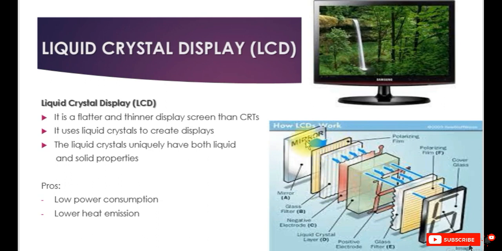So the image is created at the back here, is reflected onto this mechanism here, the liquid crystals, and further processing takes place, and the image is displayed on the screen. So here, this represents the screen, which would be comparable to what you're looking at here. So that is how the images are produced.